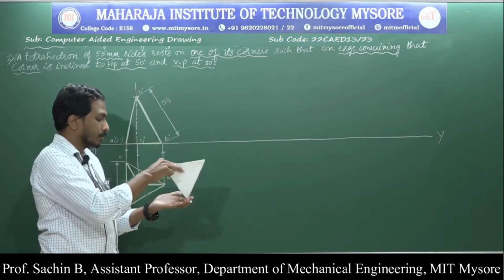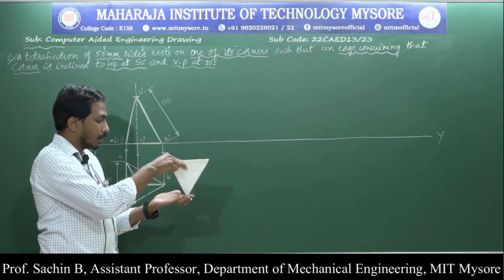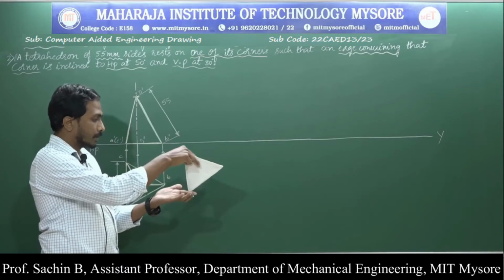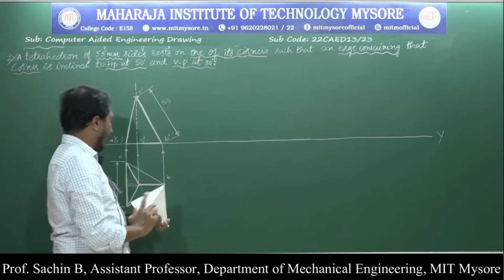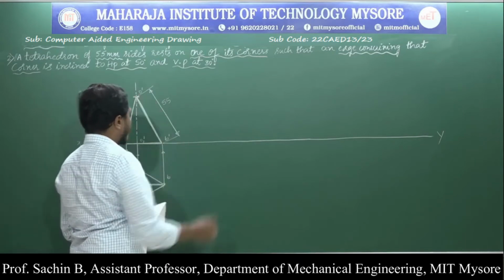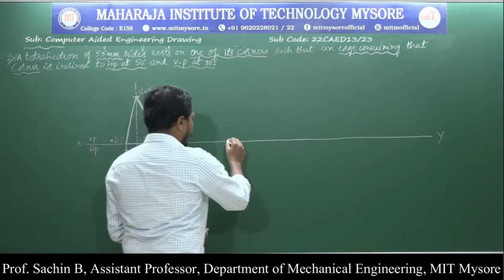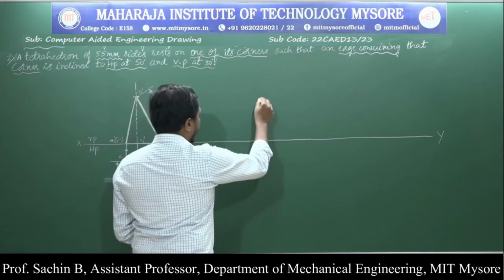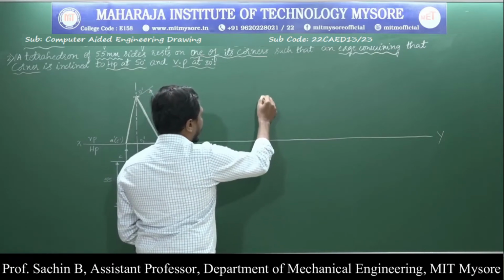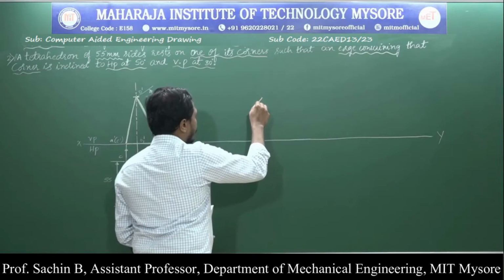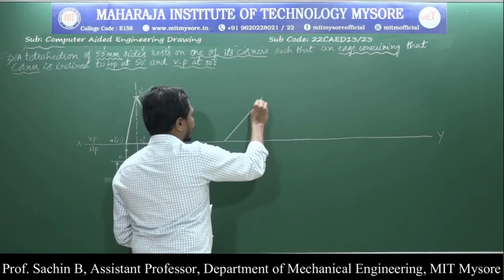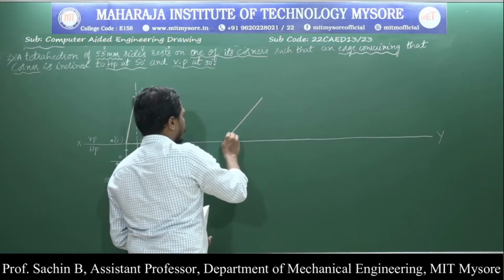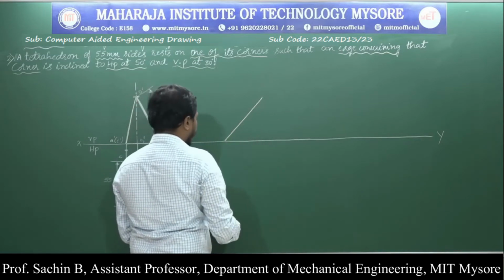In the second position, by keeping that corner on the horizontal plane itself, I am rotating the object by an angle of 50 degrees. Now I am going to measure from B dash to O dash a length of 55 mm. We already know that. I am going to draw an inclined line at an angle of 50 degrees.